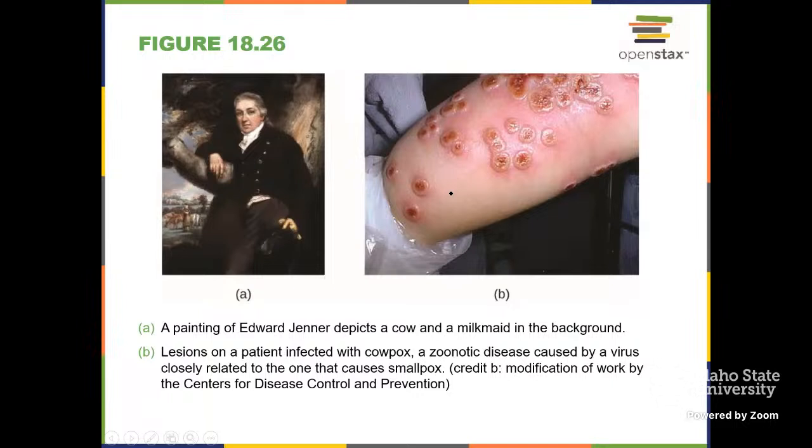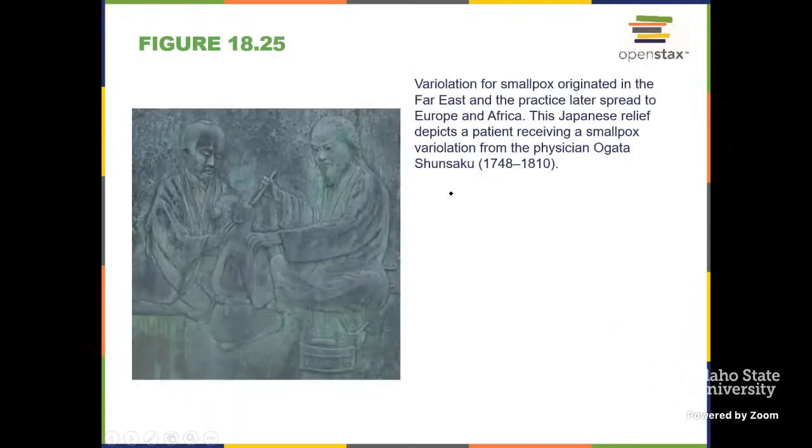Maybe the cowpox and smallpox are kind of close, and the immune response could be sufficient that it could be some protection against it. Maybe the proteins we're producing antibodies against are similar, and that prevents the infection. It's not the same idea as this, but it's pretty stinking close.